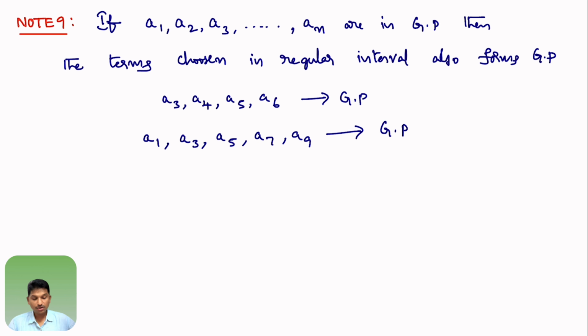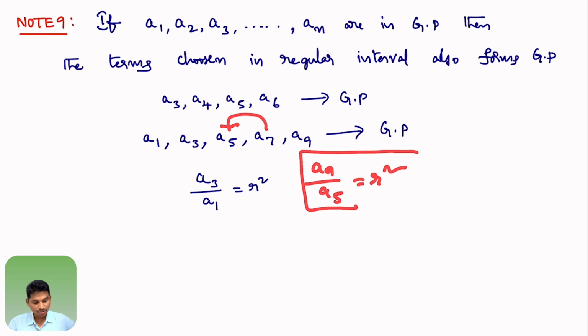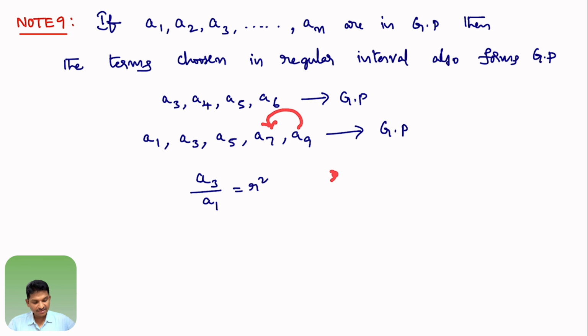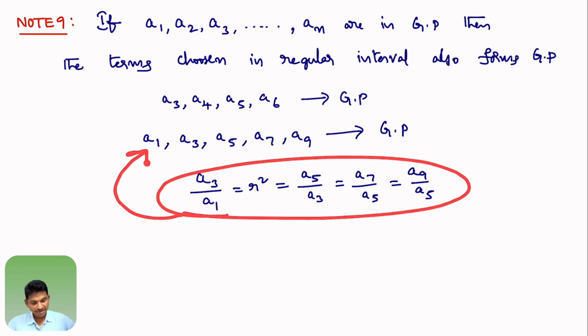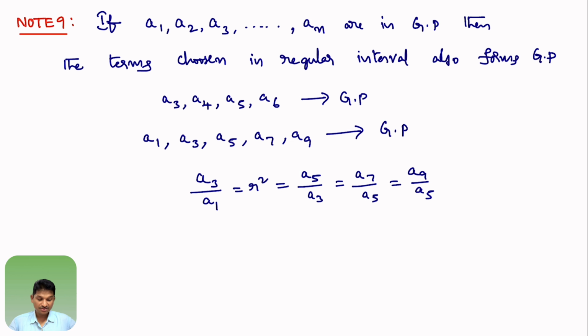You just check the common ratio. A3 divided by A1 is R square. Take any terms, A7 divided by A5, this is R square. We learned in the last class how to calculate this. A9 divided by A7 is also R square. These terms form a geometric progression.